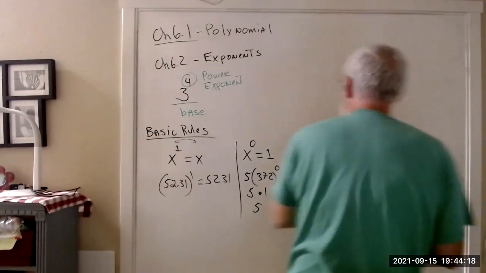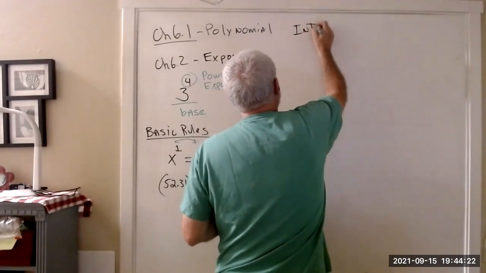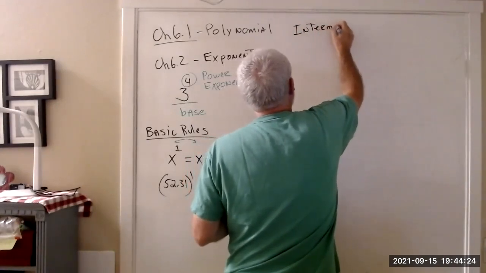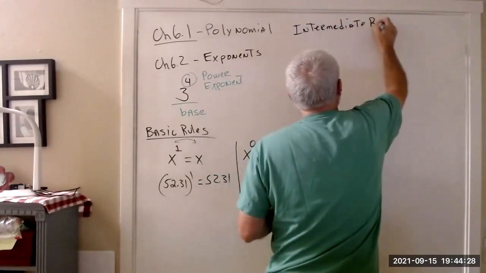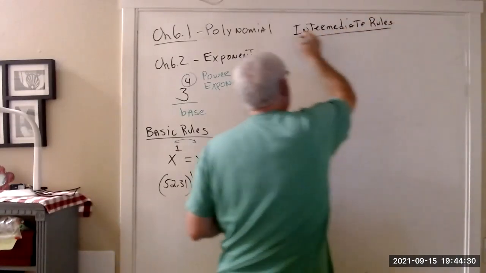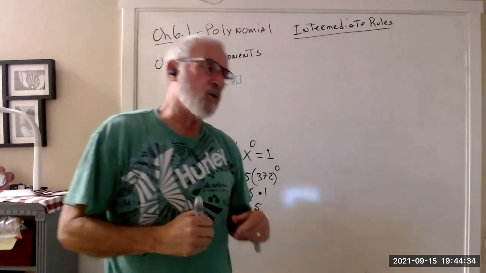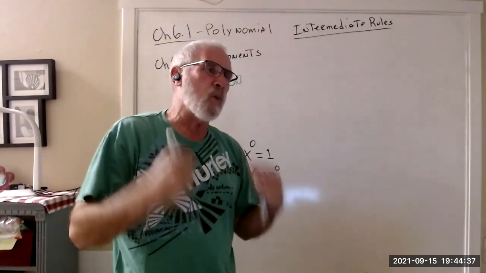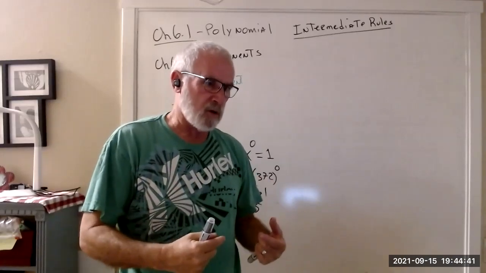I'm going to give you the intermediate rules of exponents, but I'm going to give them to you in the way that you will actually use them in a problem.